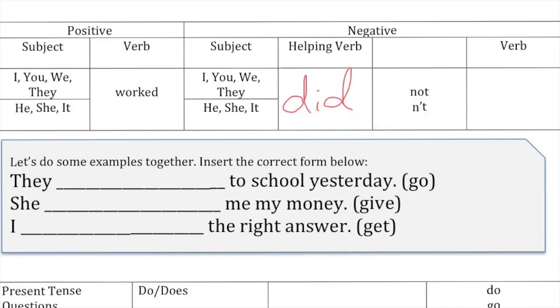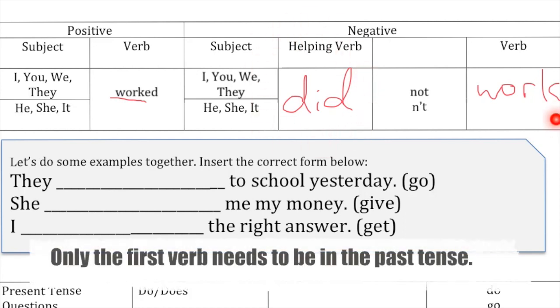Didn't instead of did not. And then simply we add this verb over there. So you had I worked. Well, now we have I did not work.